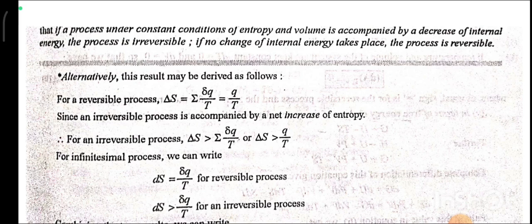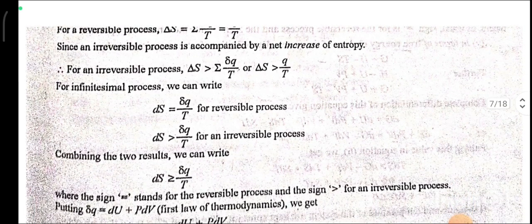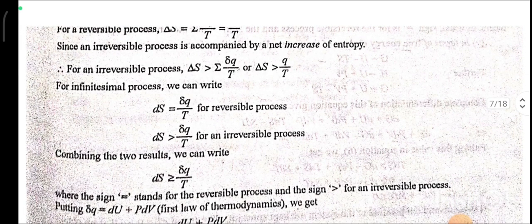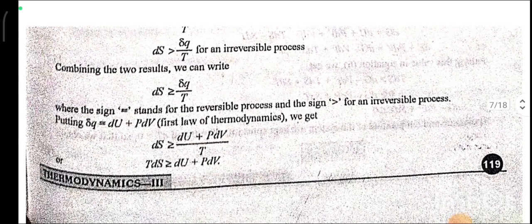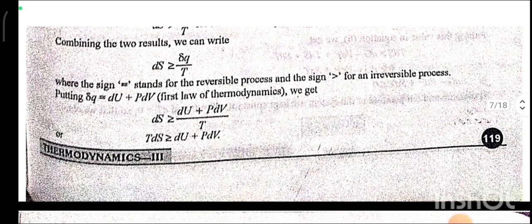For an irreversible process, delta S is greater than summation dQ upon T, or delta S is greater than Q upon T. For an infinitesimal process, we can write dS is equal to dQ upon T for a reversible process, and dS is greater than dQ upon T for an irreversible process. Combining the two results, we can say dS is greater than or equal to dQ upon T, where the sign equal to stands for reversible and the sign greater than for an irreversible process.